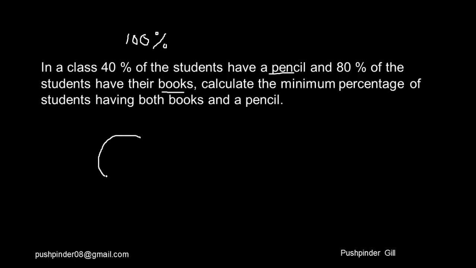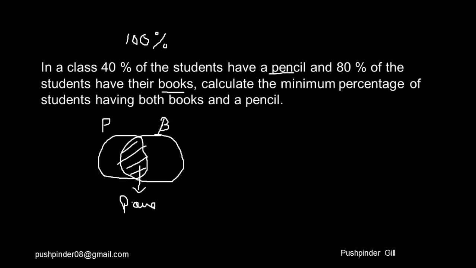If I draw it graphically, this is what I'll get. Let's suppose this circle denotes people having pencils, and this circle denotes students having books. The area overlapping in both denotes people having pencils and books. So this is a typical set theory question.